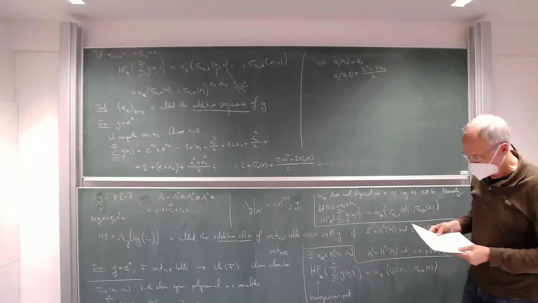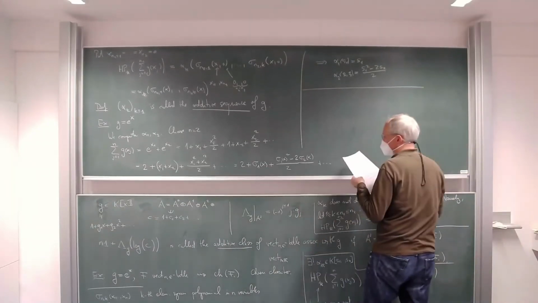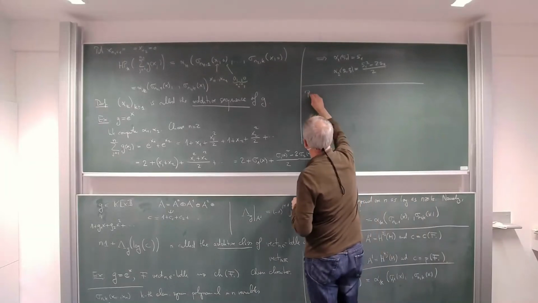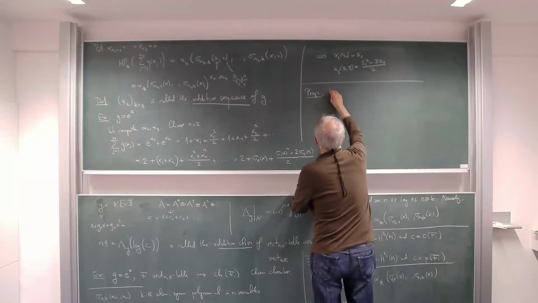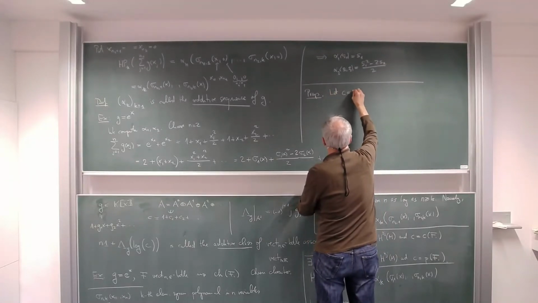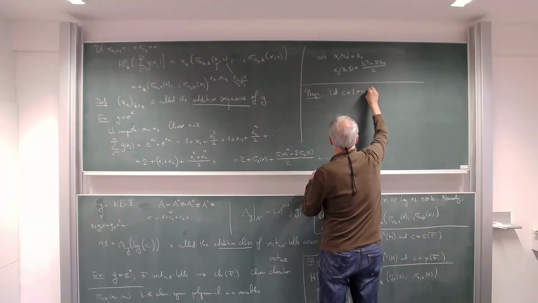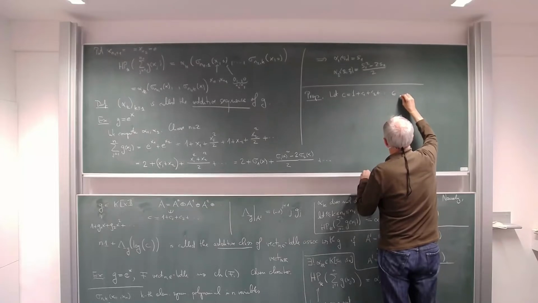All right. And so what exactly is the relation now? So that's purely algebraic here. Let C equal 1 plus C1 plus C2 and so forth be an element in our graded algebra.